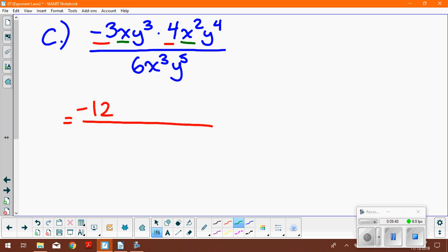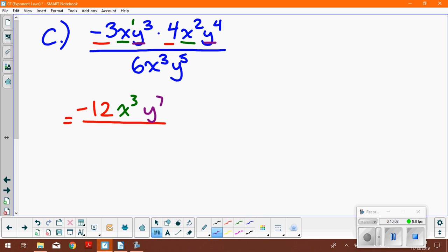When I multiply, I add the powers. Now, I don't see a power on x, but as we mentioned earlier, if I don't see it, the power is actually a 1 there. I have x to the 1 times x squared, so that means I have x to the power of 3. And for y, I have a 3 and a 4, so if I add those together, I get 7. So my numerator is negative 12 x cubed y to the power of 7.